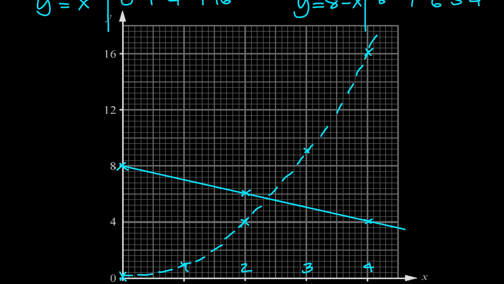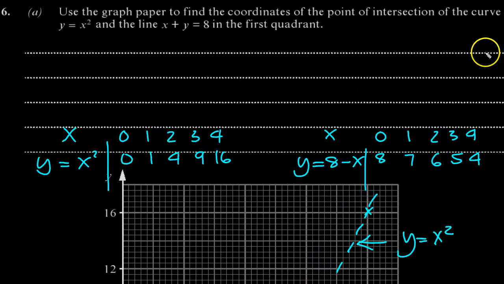Okay, so let's label the graph. This is y equals x squared. And this was the line x plus y equals 8, wasn't it, originally? Or y equals 8 minus x. So let's have a look at the question then. Use the graph paper to find the coordinates of the point of intersection of the curve and the line in the first quadrant.